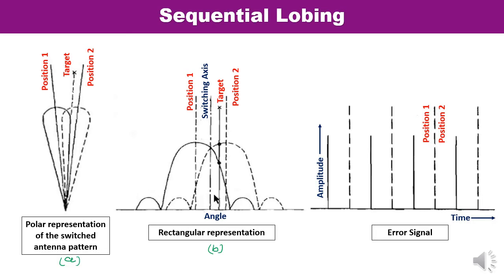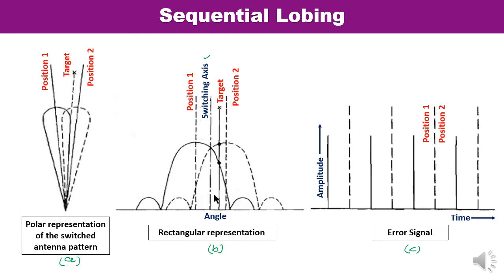In diagram C, the error signal is plotted. The error signal is obtained from a target which is not located on the switching axis. If the target is not located on the switching axis, meaning the boresight, then definitely there is an error. This is how the error signal can be plotted.